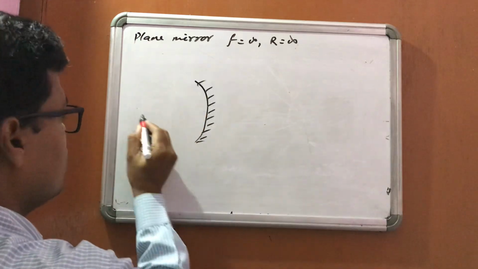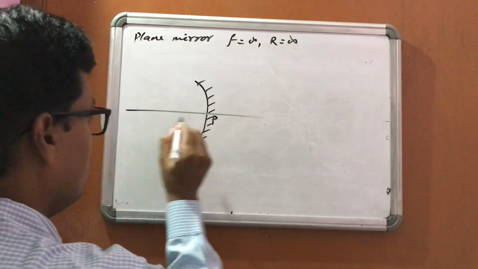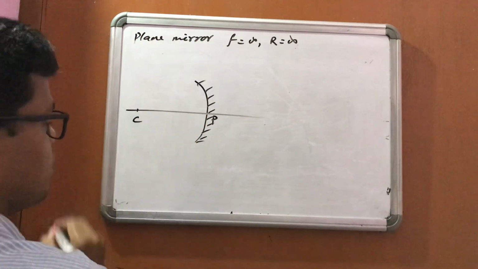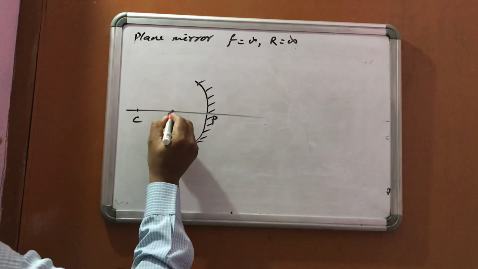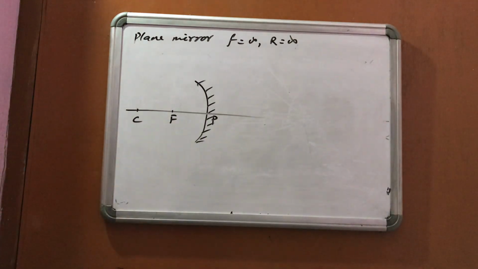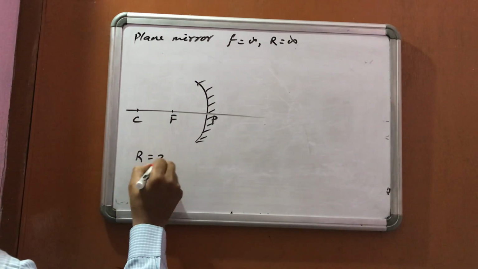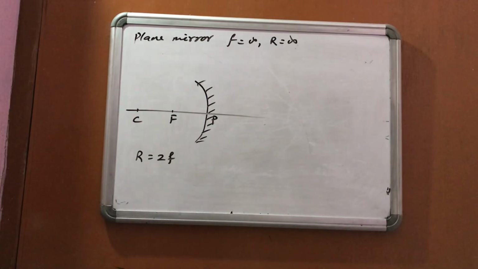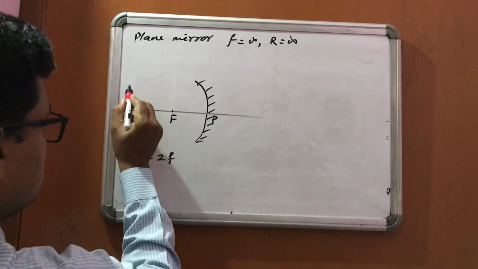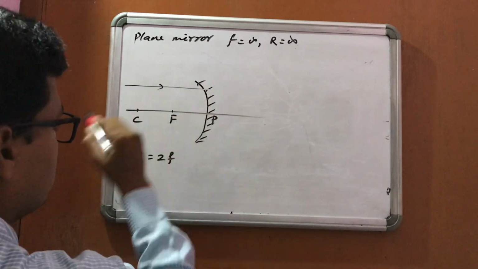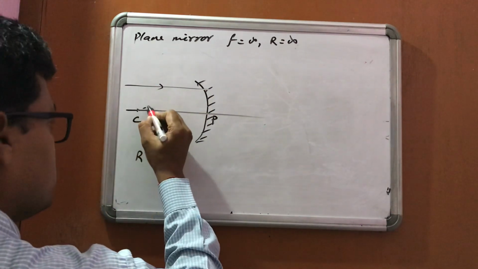Suppose this is pole, this is center of curvature. Focus is exactly at the midpoint of center of curvature and the pole, because radius of curvature is equal to twice f. What happens? Look at here. Suppose a light ray is incident here. Now, this is the normal.